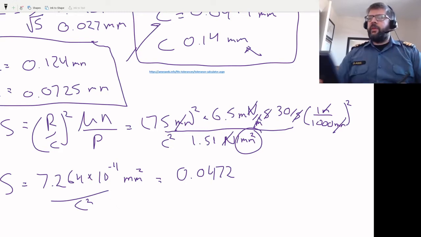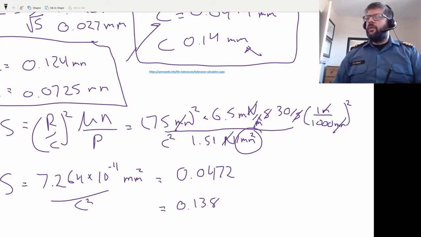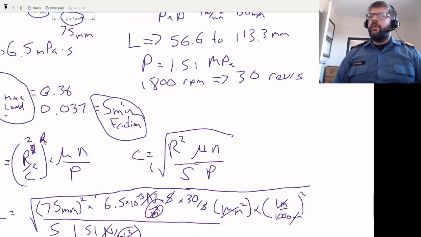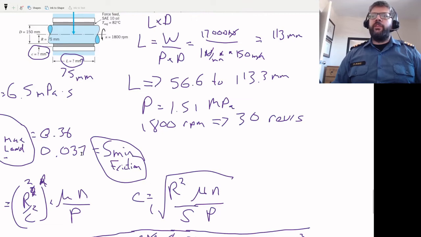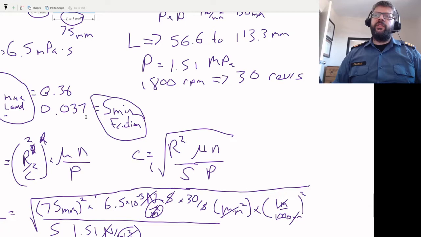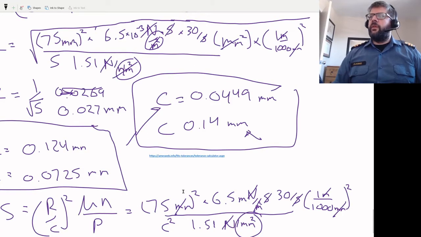That gives us an S value of 0.138. So again, we're still within our optimal range there, from a minimum of 0.037 to a maximum of 0.36.